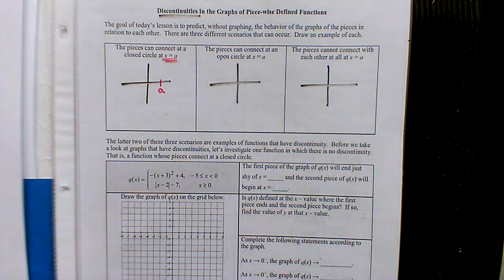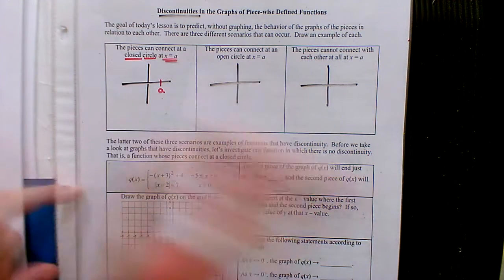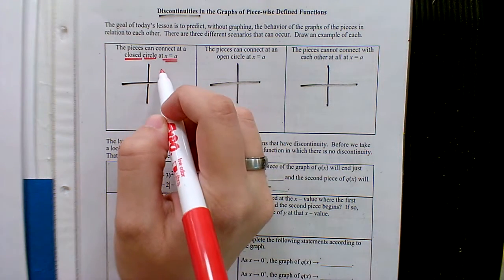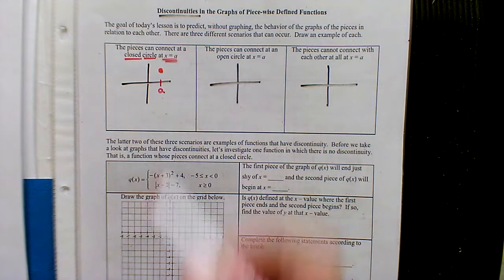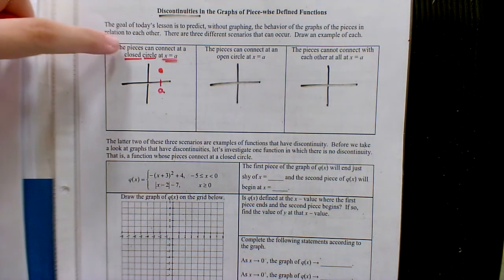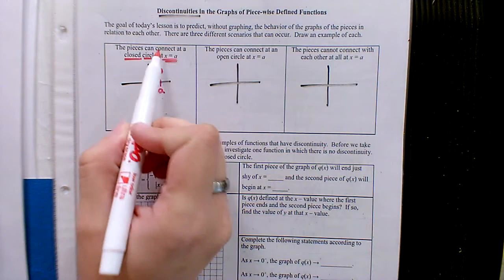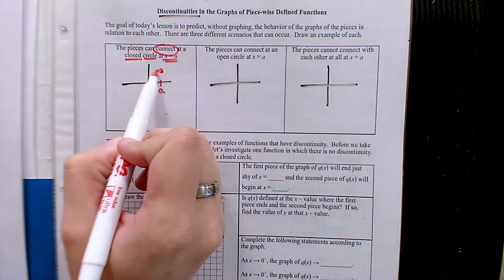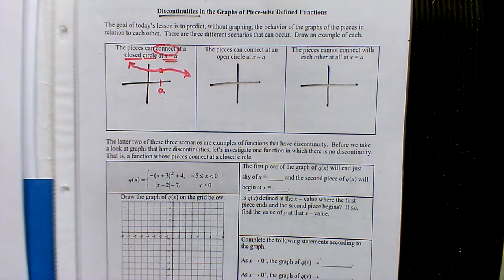We have a closed circle at that point, and I don't care where you put it, above A, below A, whatever. It just has to be at that location. We have 2 pieces, the left side and the right side of this point, connecting each other. I don't care what kind of graph you draw. We'll draw a left side and a right side of that point.